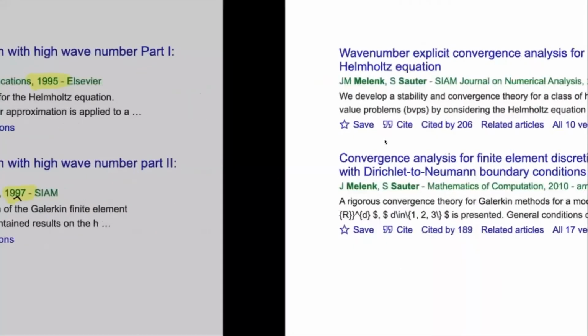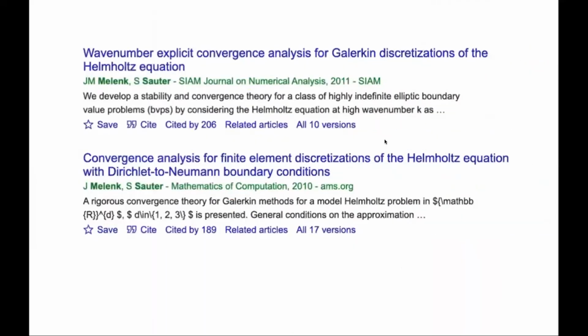Then in 2010 and 2011, Melenk and Sauter, again in papers with lots of citations, showed that the hp-FEM, let me write it down because it's important, does not suffer from the pollution effect.